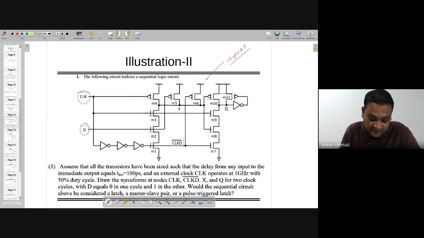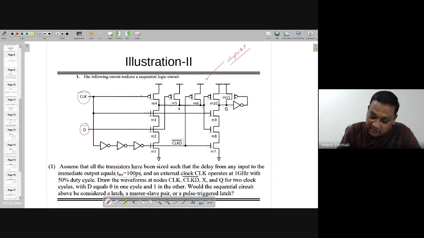Let's start from there. Assume that all the transistors have been sized such that the delay from any input to the immediate output equals T invert, which is 100 picoseconds. Let's write down somewhere that each stage or each gate will have 100 picoseconds of delay. So delay from here to here will be 100 picoseconds.